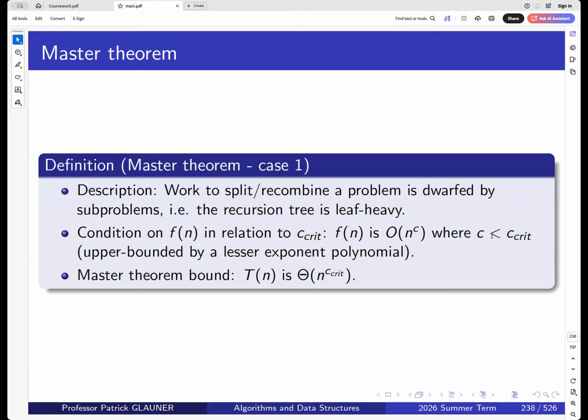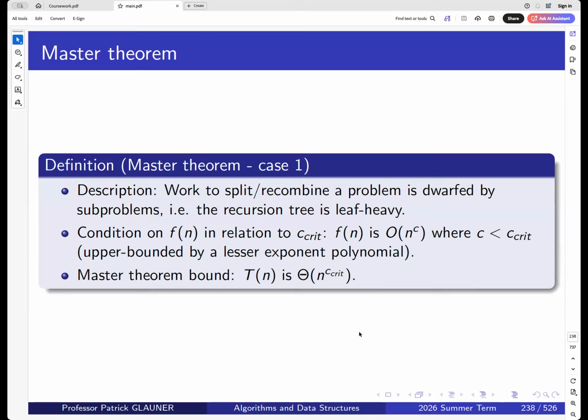That would mean that the work done for splitting and recombining in the f of n is outnumbered by the work in the subproblems. And the work in the subproblems is described by c critical, the critical exponent. And if that is the case, then the master theorem says that our original recurrence relation is theta of n to the power of c critical.